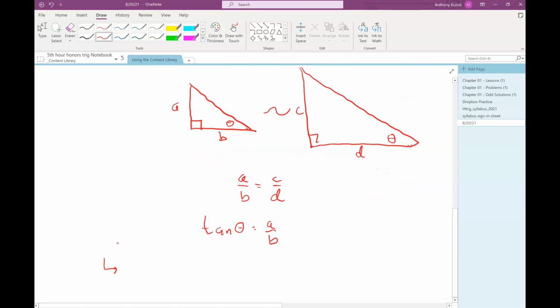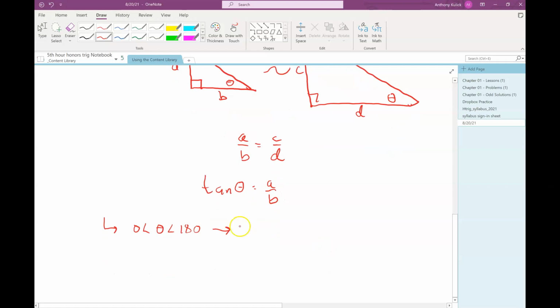we extended that definition to include sine and cosine on angles between 0 and 180. Do you remember how we did that? There was two things we had.